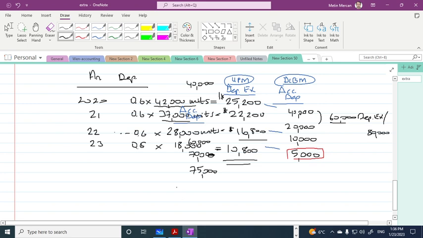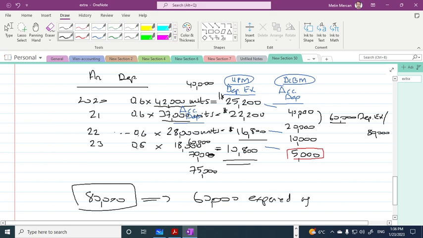So this is good if the company has a cash drain and problems generating cash, because they spent $80,000 investment to buy new machines, right? In the first year, if they fully depreciate in the first 2 years, 60,000 of this is already expensed against revenue.